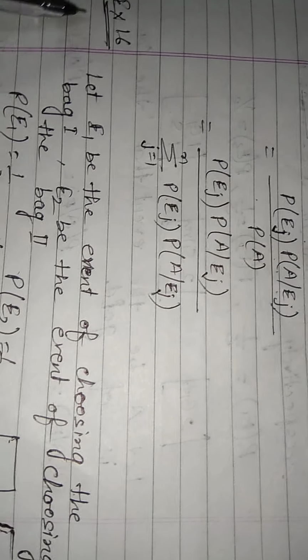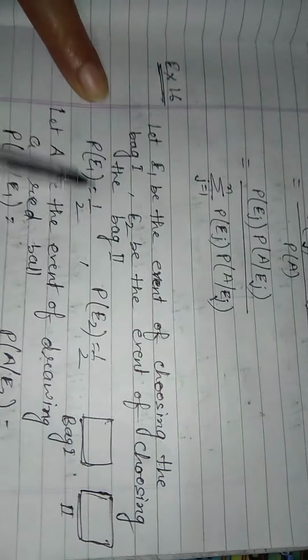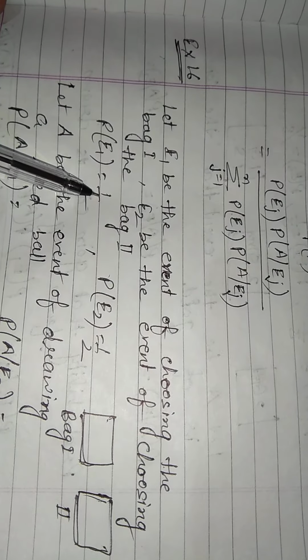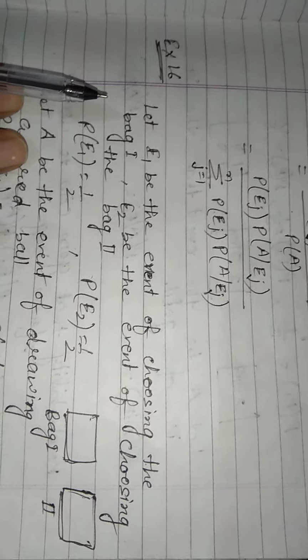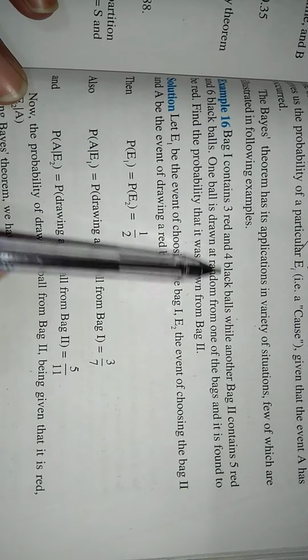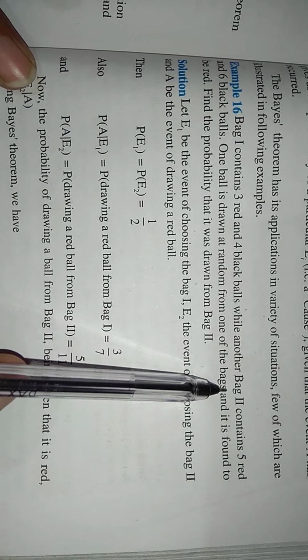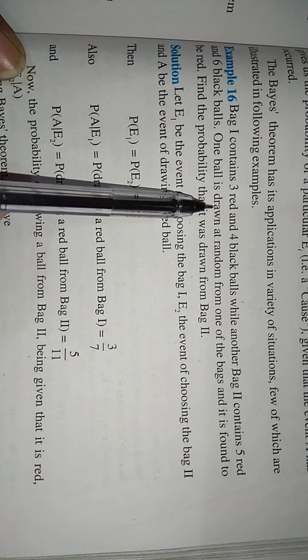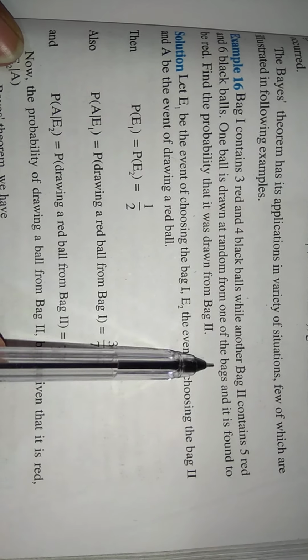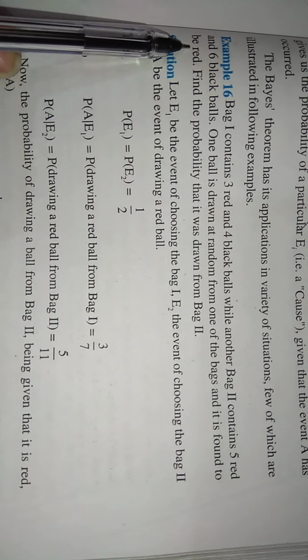So look at example number 16 related to this. We have taken the same example in total probability. Now we will take this example in Bayes theorem. Bag 1 contains 3 red and 4 black balls, while bag 2 contains 5 red and 6 black balls. One ball is drawn at random from one of the bags and it is found to be red.